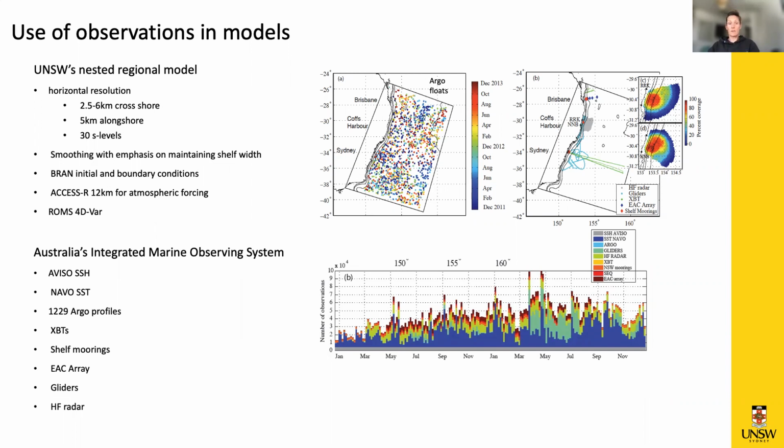And we've conducted a series of experiments where we use four-dimensional variational data assimilation to assimilate a number of novel observations that were collected through Australia's Integrated Marine Observing System.